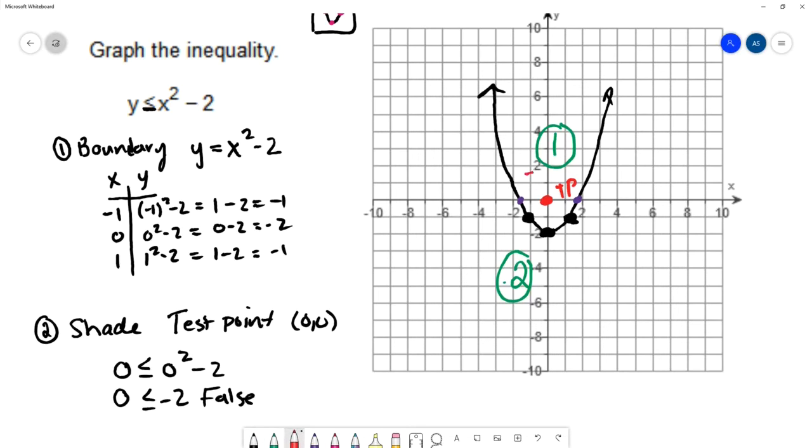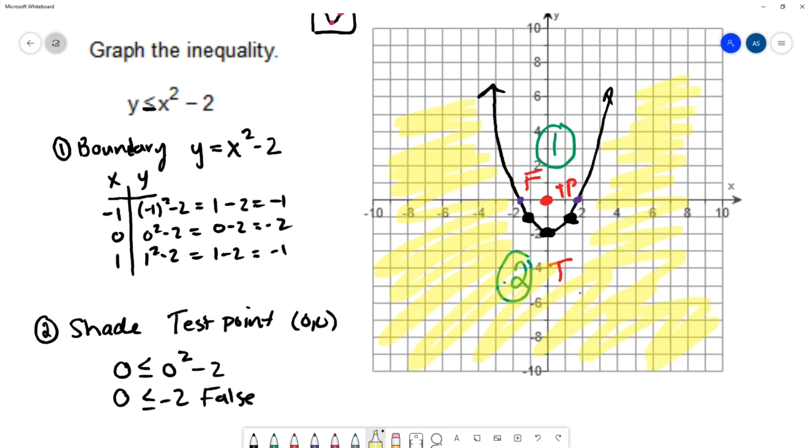So that tells me that the points that are above this curve in that first section are not solutions to the inequality. The other side will be true, and so we're going to shade the true side.